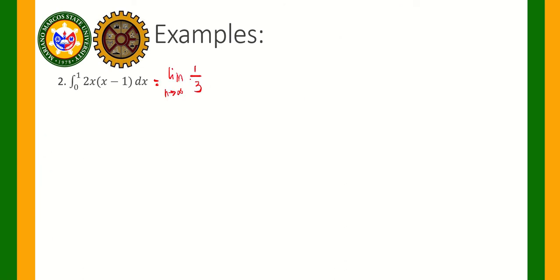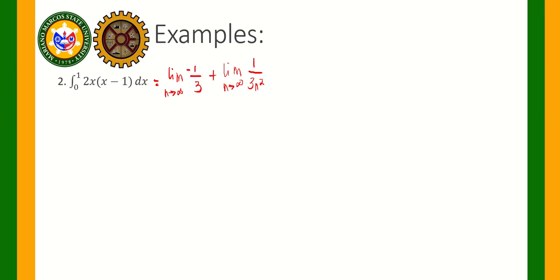Okay, so, lagay natin dito negative. And then plus the limit of 1 over 3n squared as n approaches infinity.